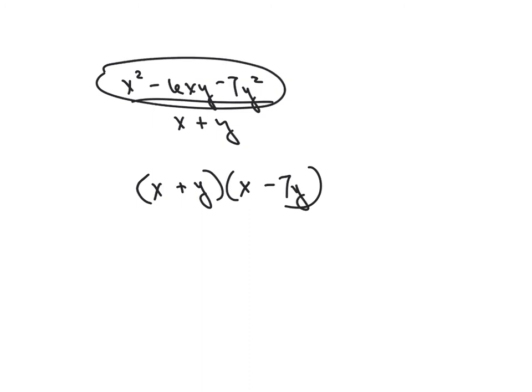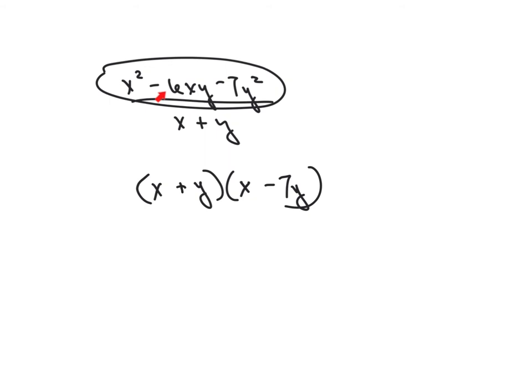All right, so what I'm doing is I'm looking for two numbers multiplied together that give me 7y. So a y times y is y squared. So I just put a y in there. I'm not worried about that. I'm trying to come up with the numbers that multiplied together give me a negative 7. The only two numbers that multiply together to give me 7 are 7 and 1, because 7 is a prime number.